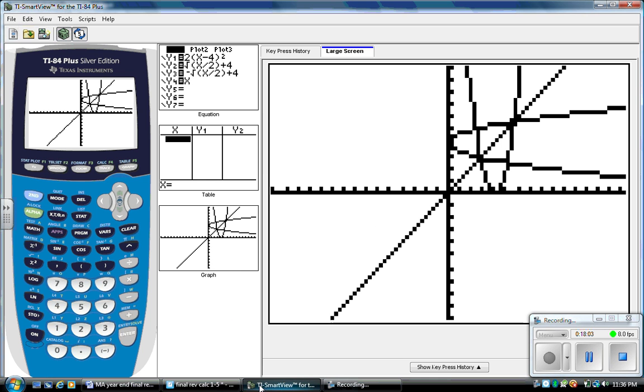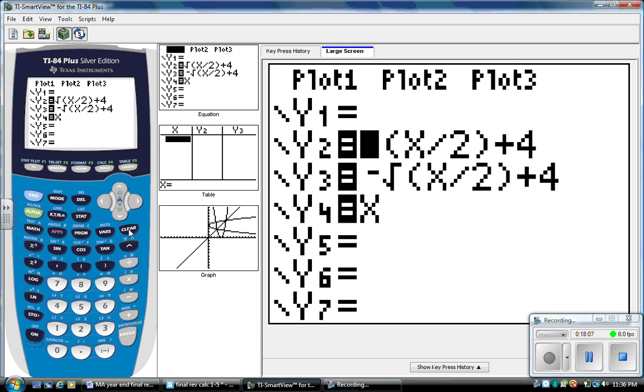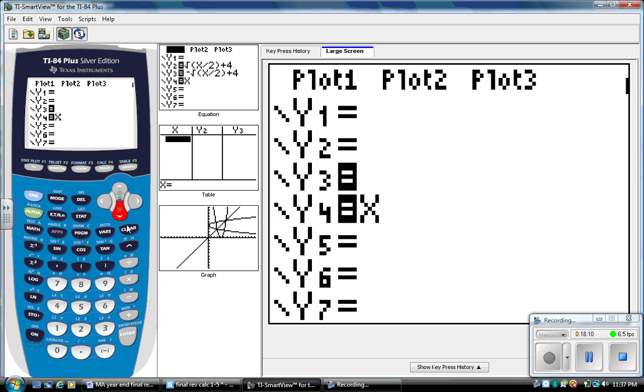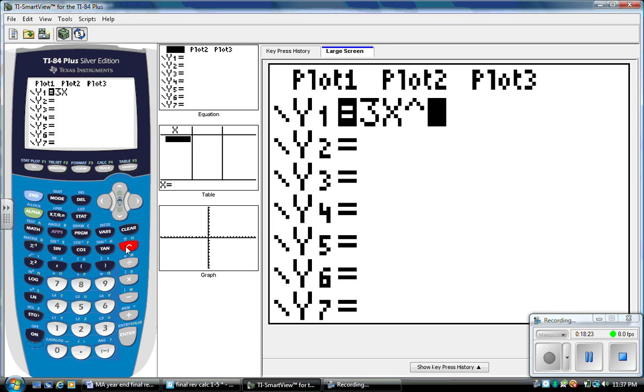And again, the fancy graphing calculator thing. Let me get rid of all these other plots. An even function graphically means that it reflects over the y-axis. So if I graph it, just as a check, 3x to the 4th plus 2x squared minus 7, and I'll just do zoom standard.